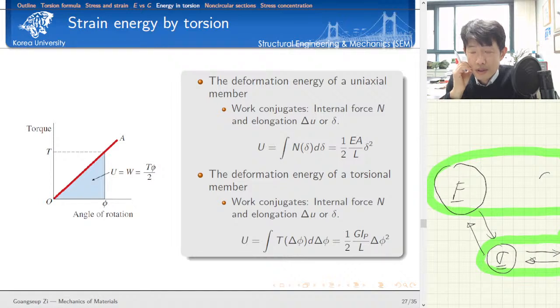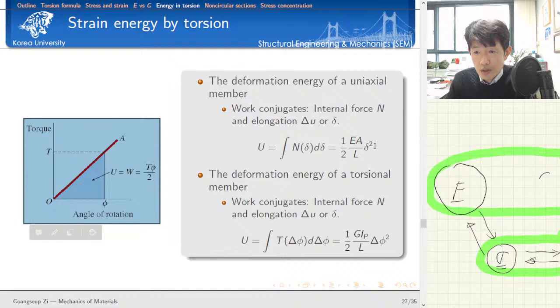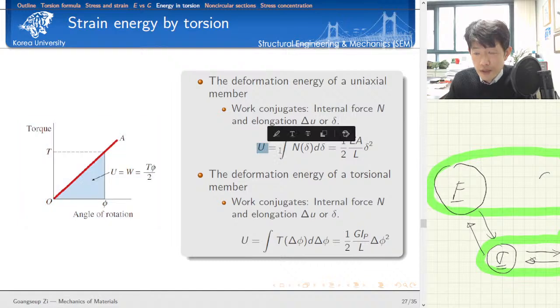Now, how about the member level? If you want to consider internal forces in the case of actual members, then we need to consider the internal force, and its energy pair is elongation, isn't it? So this is the work conjugate. To define deformation energy, we need to consider the actual force as a function of the elongation, and then integrate the work done by the internal force over the elongation.